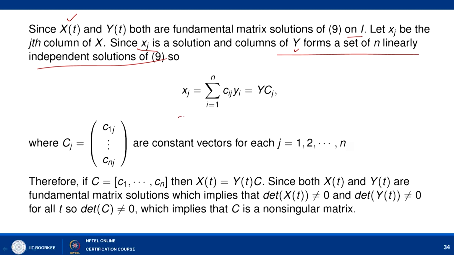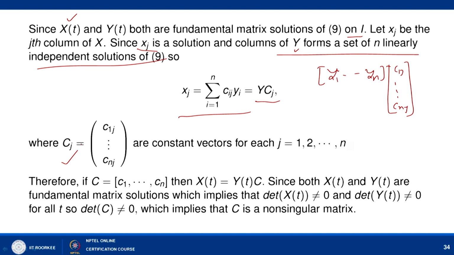So, we can write X_j as a linear combination of the Y_i's. So, I can write X_j = sum over i equal to 1 to n of C_ij Y_i, and we can write this as Y times C_j, where Y is Y_1 to Y_n, and C_j is nothing but (C_1j, ..., C_nj).